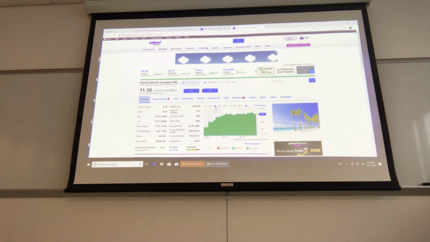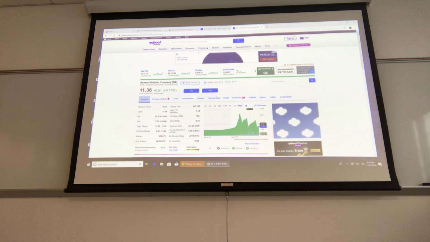General Electric for the last month is green. For the last year is green. For all the period, you see something interesting. It went all the way up to $55 and then dropped and now is into $9. And it goes through a change. The question is how much of a recovery that corporation would go.